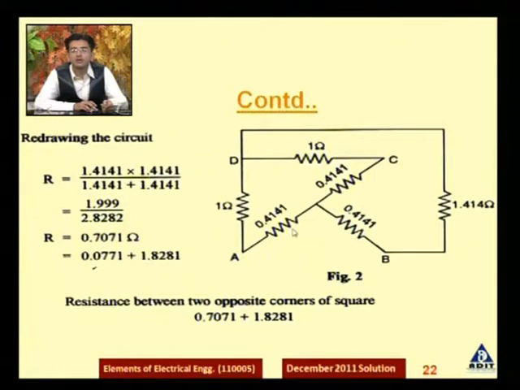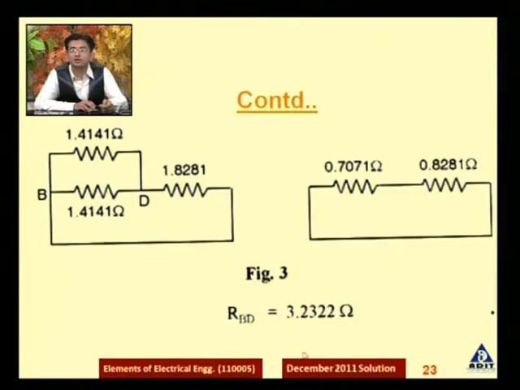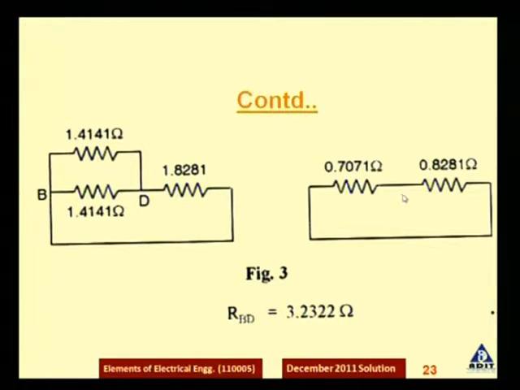Now if you want to find the resistance between two opposite corners of the square, it is 0.7071 plus 1.8281. By simplifying the circuit again, your circuit will look like this, and you can see that between the B and D terminals there are only two resistors. One resistor is 0.7071 and the other is 0.8281.